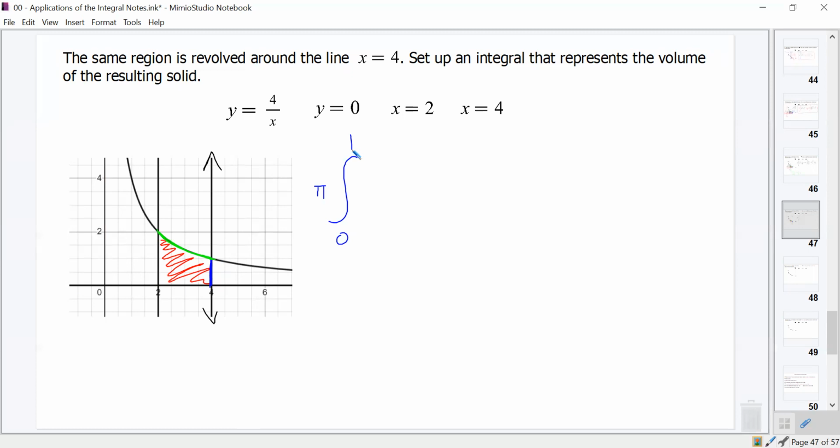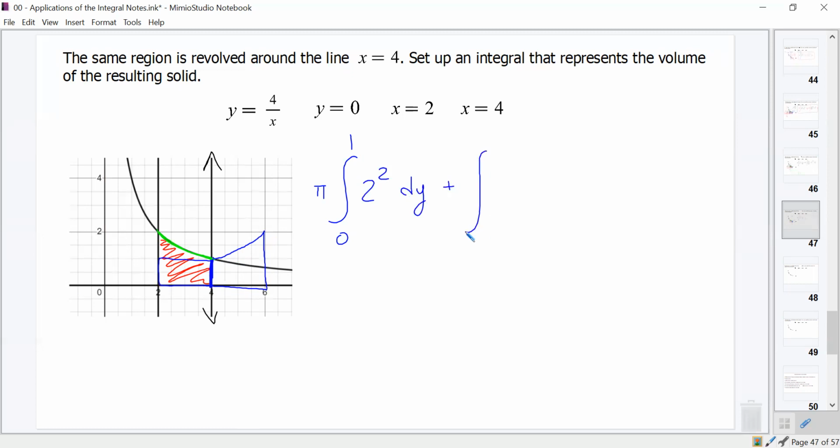Because for part of this section, from 0 to 1 here, it is fully pushed up against the axis. And so that radius along this rectangular portion of it is just going to be 2. So this will just be 2 squared dy.